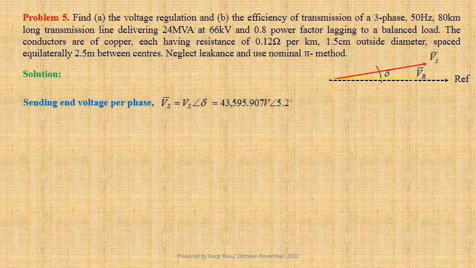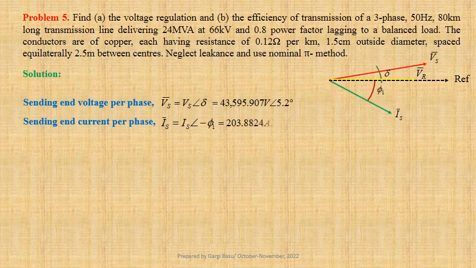We have computed sending end voltage per phase Vs equals Vs at an angle delta equals 43,595.907 volt at an angle 5.2 degree, and sending end current per phase Is equals Is at an angle minus phi 1 equals 203.8824 ampere at an angle minus 34.747 degree.